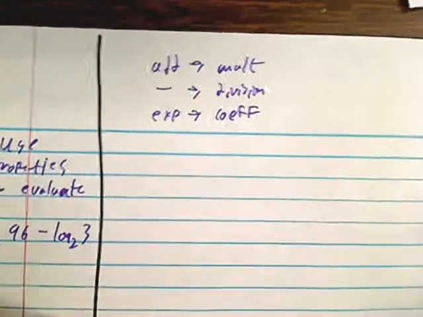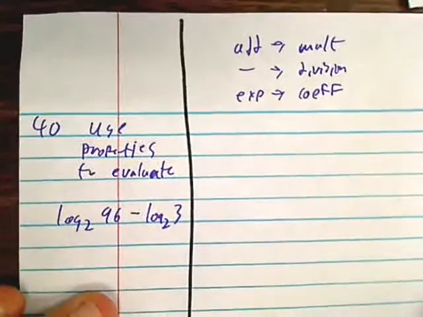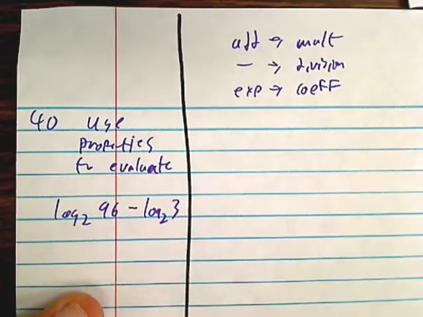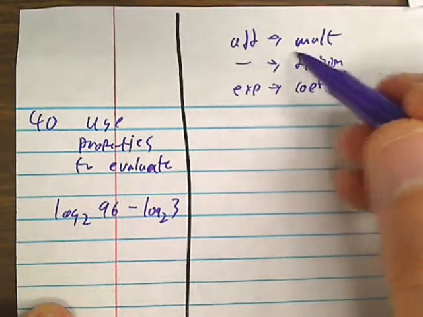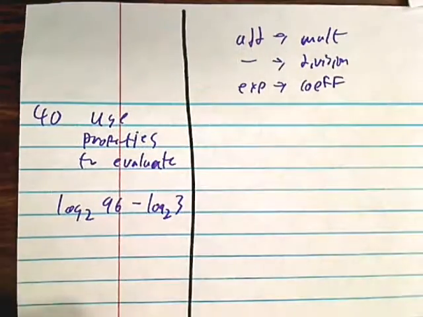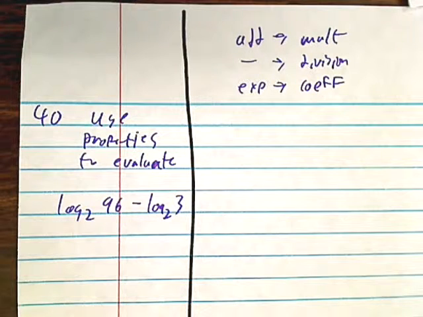Just look at your notes. When you use properties to evaluate this, as you're working across here, it just becomes one logarithm. If you're going backwards, it becomes multiple logarithms. That's what I really wanted to say. So go ahead and try that out. You should be able to do it without a calculator or anything.